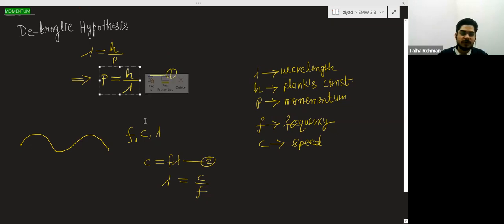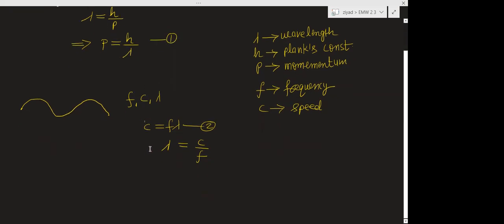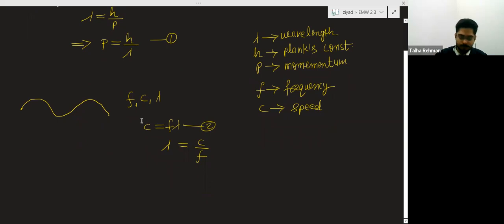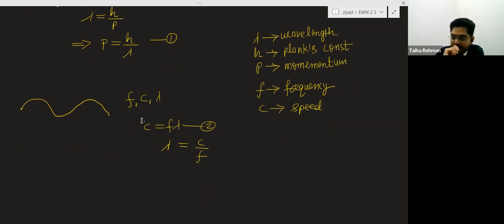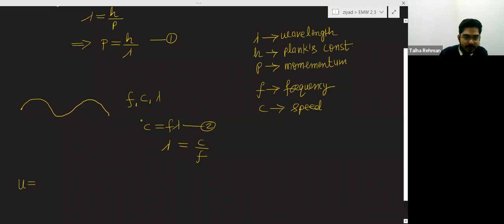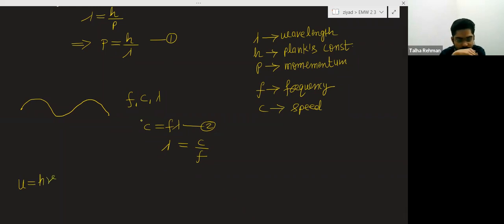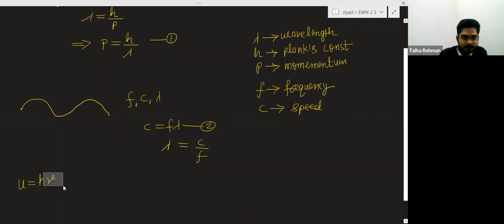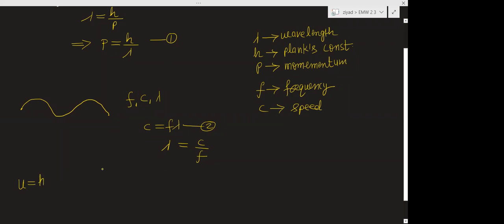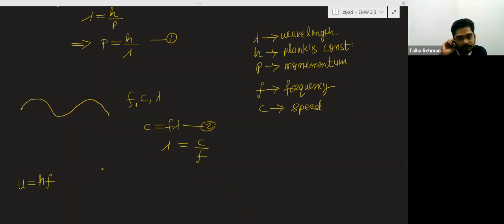Now energy. Basically, there is one more way with the help of which we can find the energy of the electromagnetic wave. Energy of the electromagnetic wave is given by h into nu, or h into frequency.